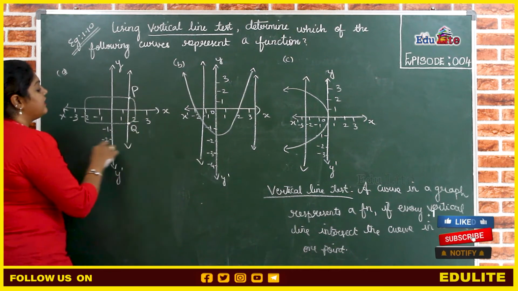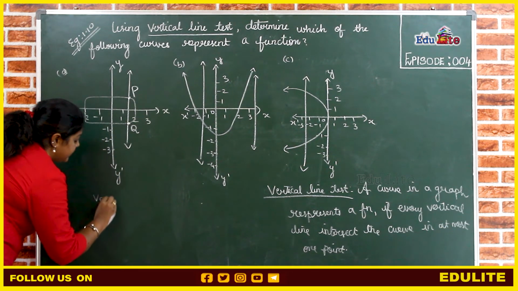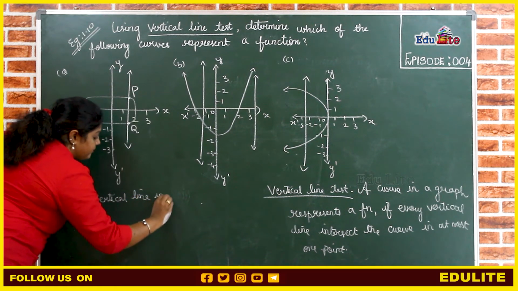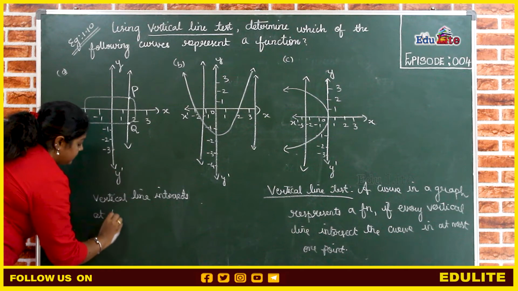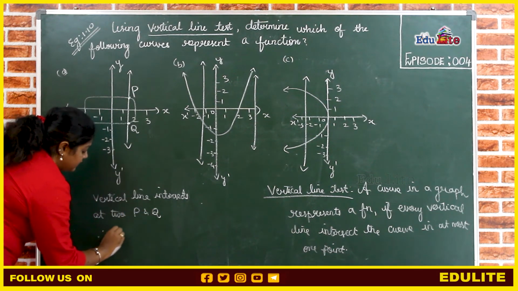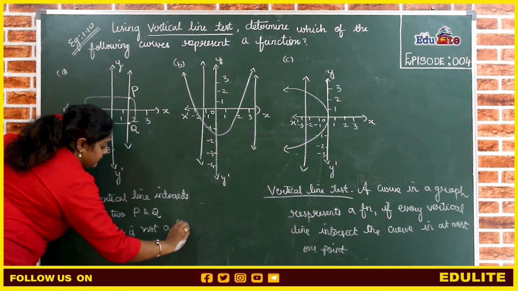Therefore, the given curve does not represent a function. The vertical line intersects at 2 points, P and Q, therefore it is not a function.